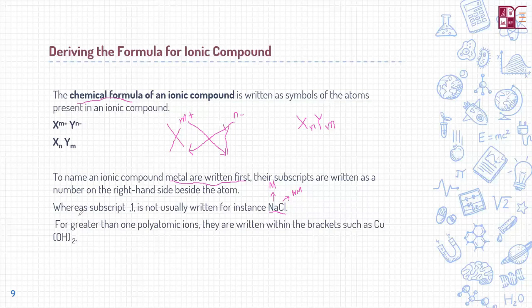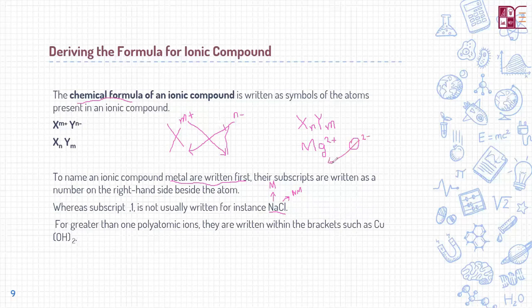Whereas if you get a subscript which is one, like for example in sodium chloride, only one electron is being transferred. So one is not usually written in the formula. However, if it's magnesium oxide, magnesium has 2 plus, and oxygen is in group 6, so it is going to gain 2 electrons.